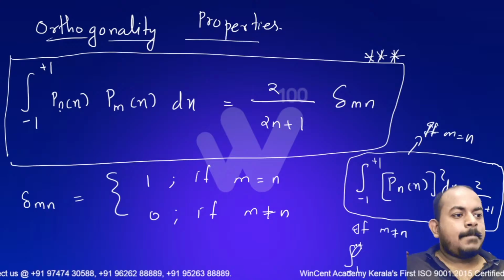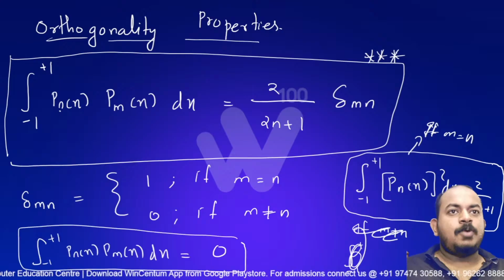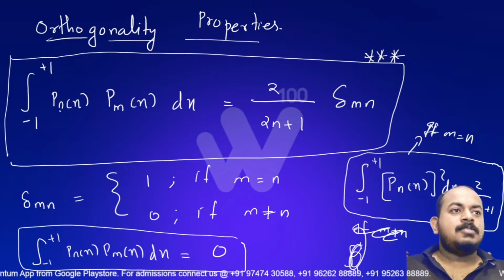I will just write it over here. The integral from -1 to +1 of Pn(x) times Pm(x) dx will be equal to 0 for m not equal to n. This is an important property that we have to learn in the Legendre's differential equation.